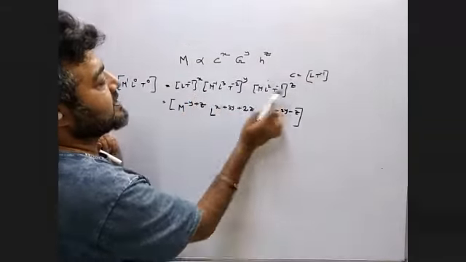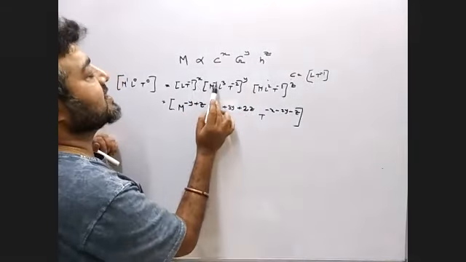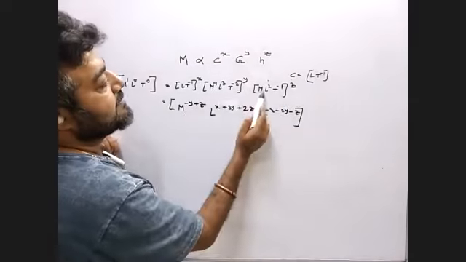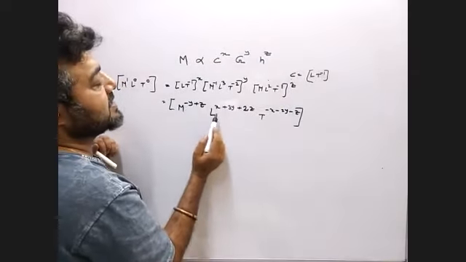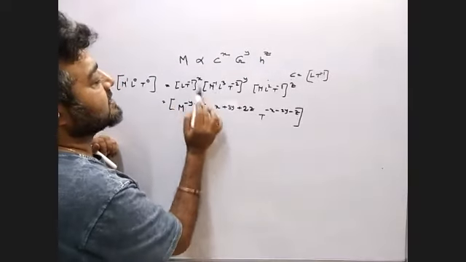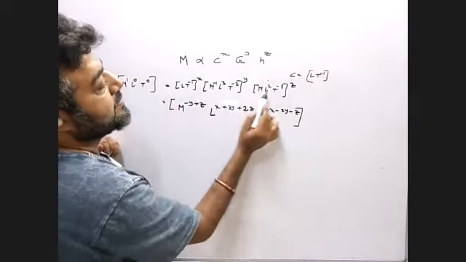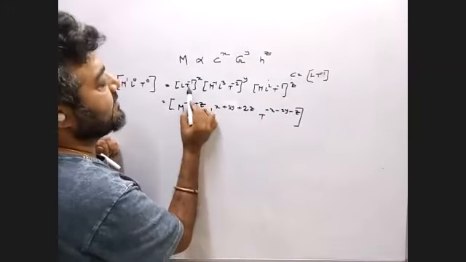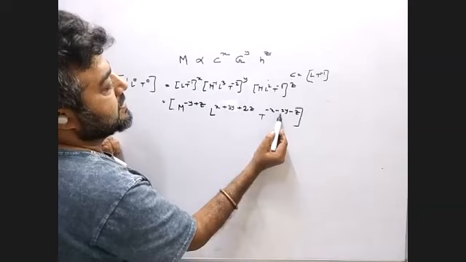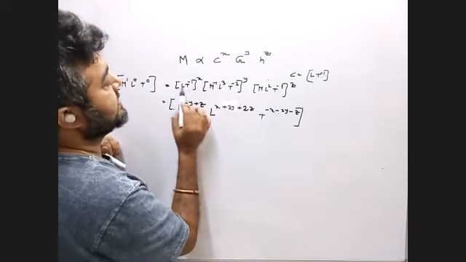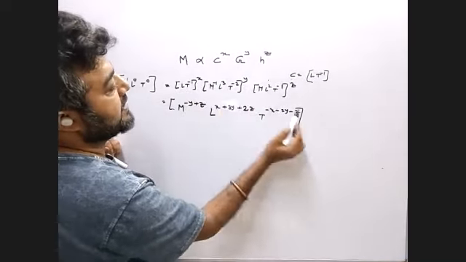Now the powers are x, y, z, so we can arrange it. For mass we have minus y plus z. For L we have x plus 3y plus 2z. For T we have minus x minus 2y minus z.